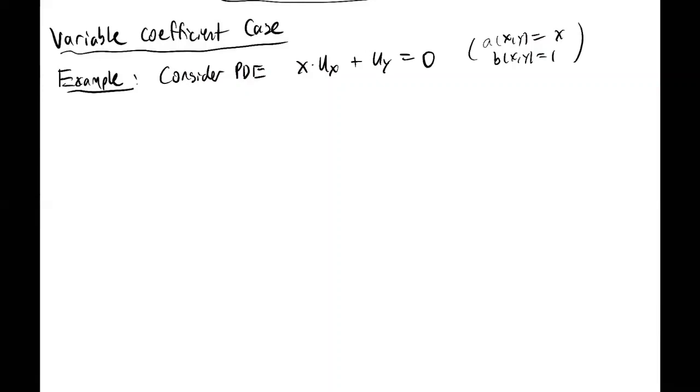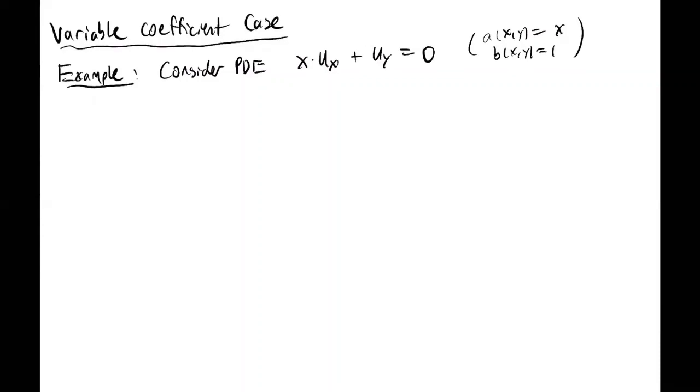Right, so one of the coefficients is variable, meaning it depends on x, and one of the coefficients is constant, it's just equal to 1. Right, and so what we're going to do is use what we learned from the previous example and try to generalize this technique to work for this more complicated example.